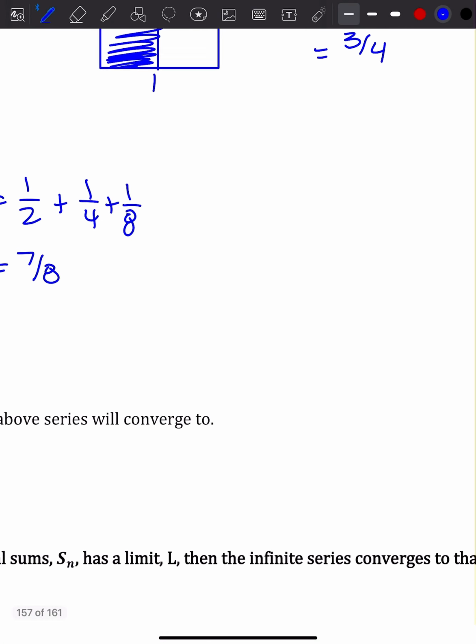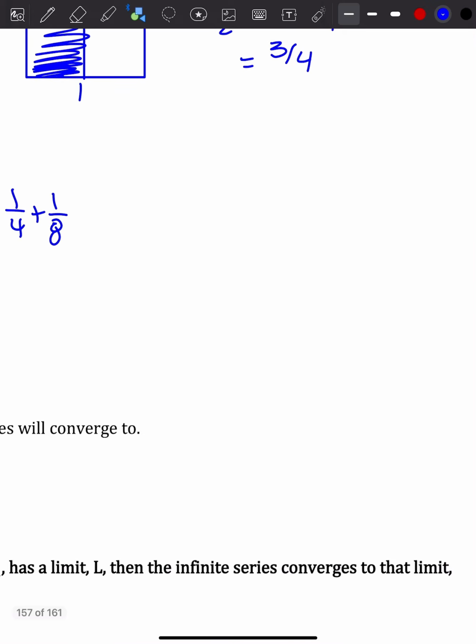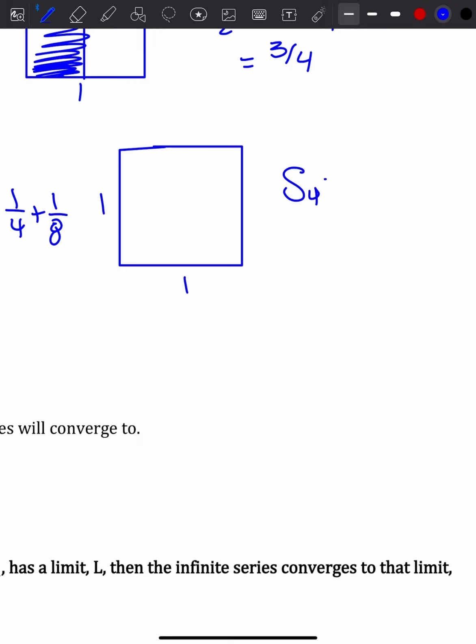And the last one that we're going to look at for right now is S sub 4. So S sub 4, we still have our 1 by 1. S sub 4 is 1/2, 1/4, 1/8, 1/16.